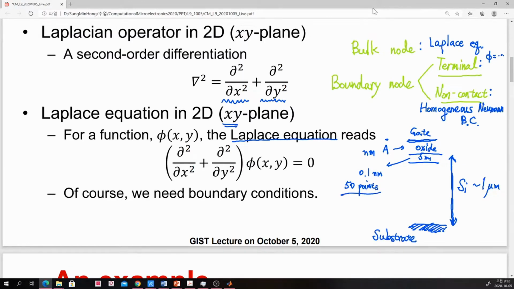But if you keep this 0.1 nanometer spacing and try to discretize this 1 micrometer long substrate, you immediately find that you need 10,000 nodes for this silicon body.